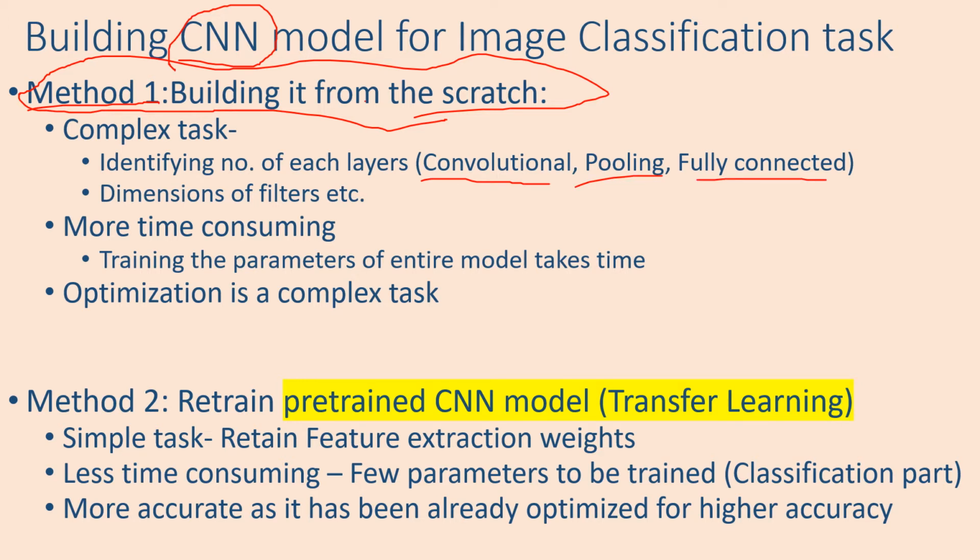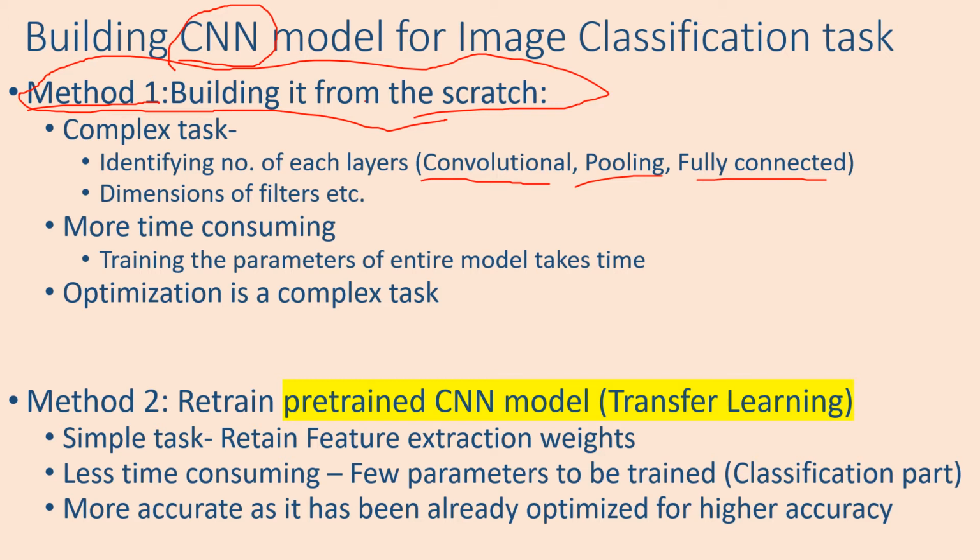So if you're building it from scratch, you need to identify how many convolutional layers are required, and the dimensions of various filters, pooling layers and fully connected layers. So this is going to be tedious work. Unless you have good knowledge about CNN, you will not be able to design this. It's going to be a complex task.